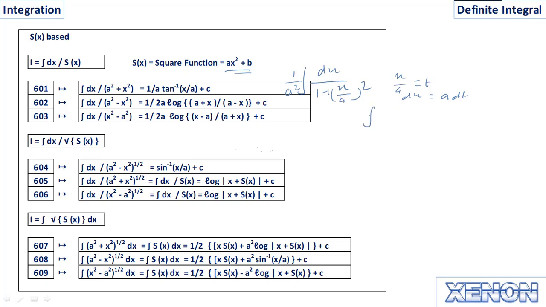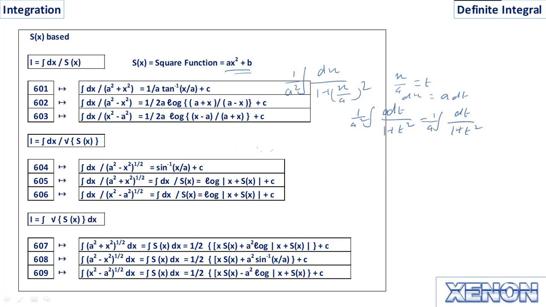So actually we will be dealing with dt upon 1 plus t square into 1 upon a.